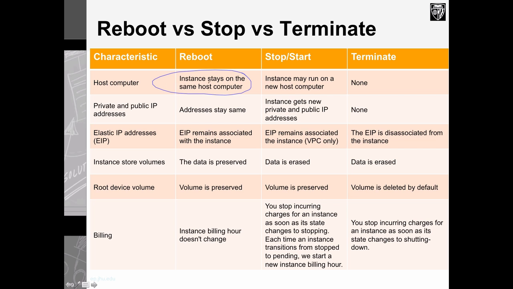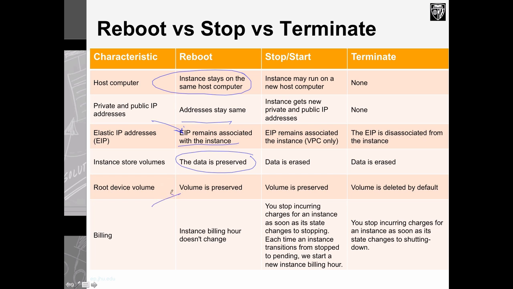The primary implication is that the IP address associated with that instance stays the same. If you have an elastic IP associated, that elastic IP address remains the same. The data that you might write in an instance storage also remains the same.